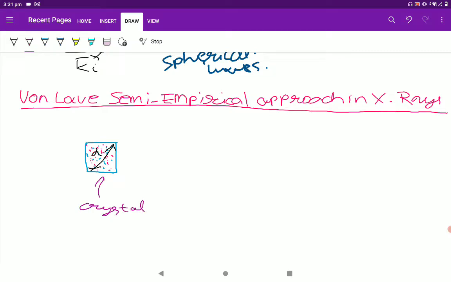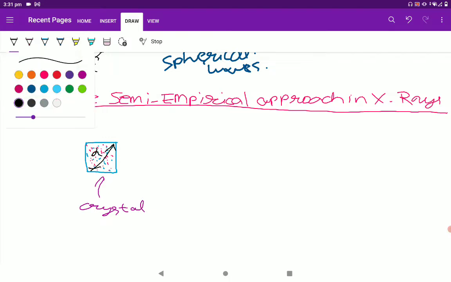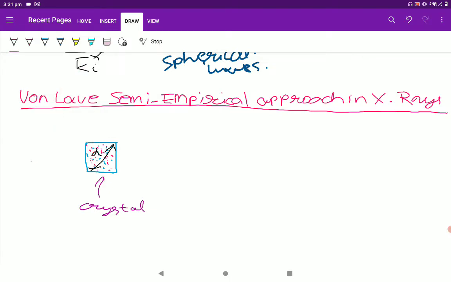This is a crystal, and as we know, the incident plane wave has an electric field. So this is the direction of the incident plane wave, and this is the direction of the electric field, which is perpendicular to the direction of propagation of waves.